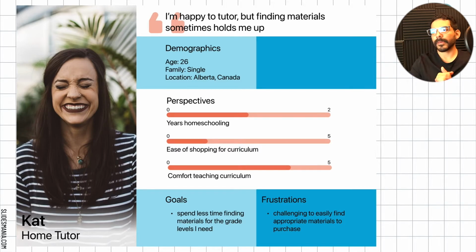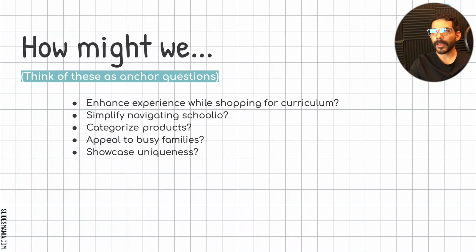The goal is to spend less time finding materials for the grades. So they're looking for something easy to find, and I feel like Schoolio is the product they need. The frustration is that it's challenging to find the appropriate material to purchase. So we need to make it obvious that Schoolio is the product for them.